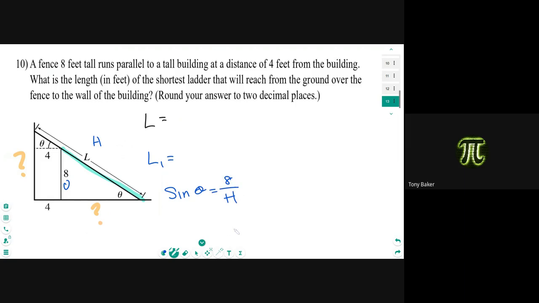And if I need h by itself, that becomes h equals 8 over sine of theta, which is going to be easier just to write as cosecant theta. So I have 8 cosecant theta.